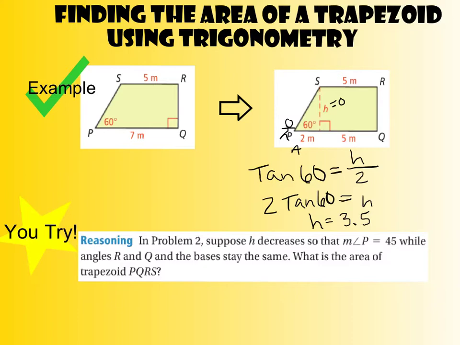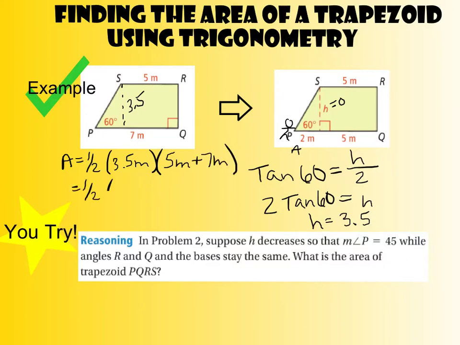Now that I know my height and my two bases, I'm going to go back to this original picture. My height is 3.5. So my area is 1/2 times 3.5 meters times 5 meters plus 7 meters.